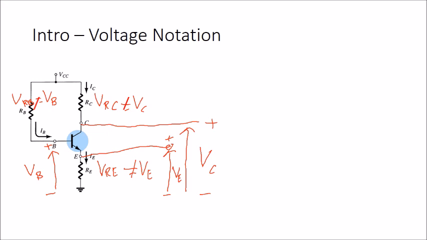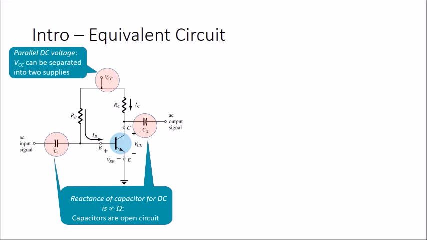For the equivalent circuits, this is the explanation. For the DC voltage, because of the parallel, you can split this into two. So you have one VCC here and then connect to ground, and the same goes here.